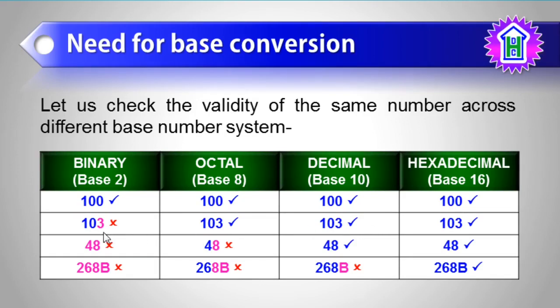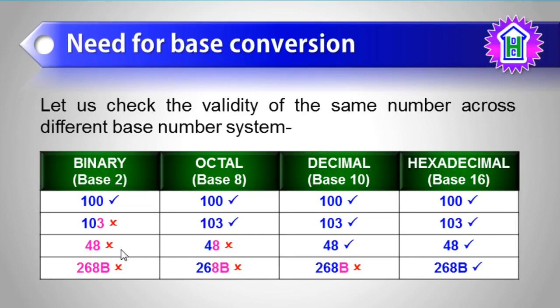Now if I write 103, this is not a valid number in binary system. Why? Because the digit 3 is not supported in binary system. In binary system only 0 and 1 is supported. So it is not a valid number in binary, but it is valid in octal, decimal and hexadecimal. And we already know the rule why they are valid.